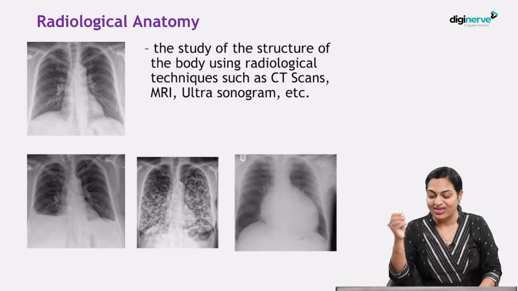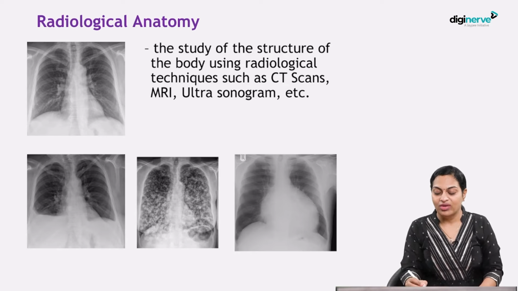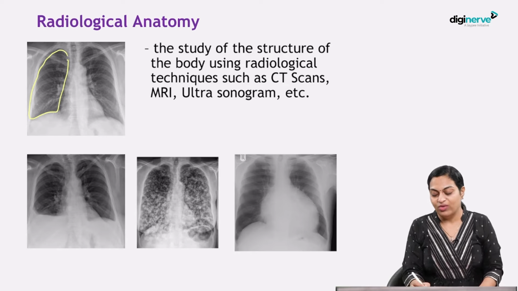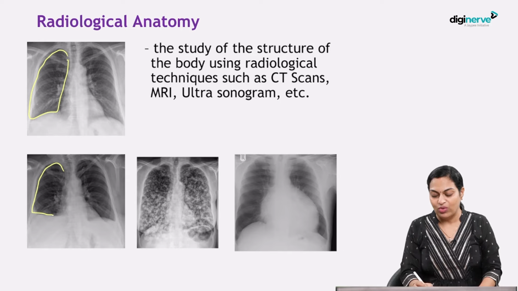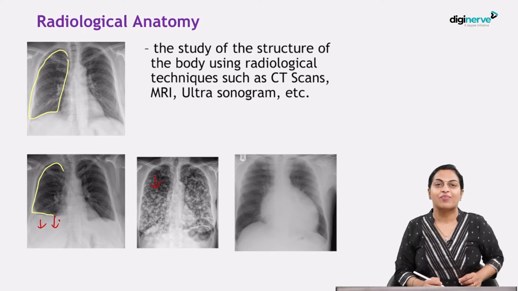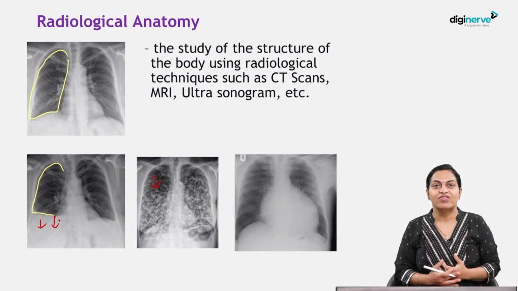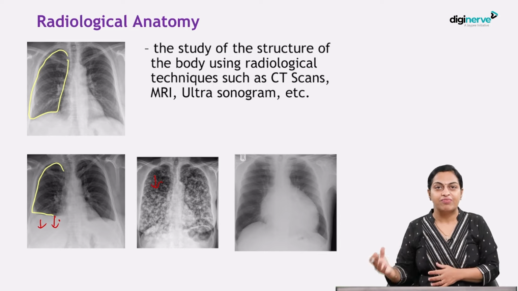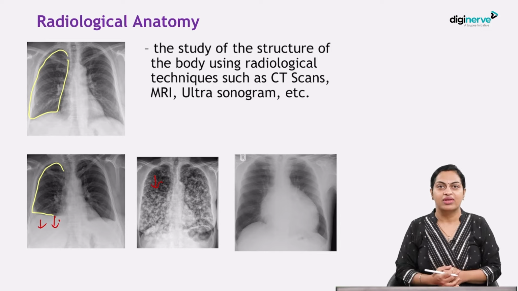Radiological anatomy again. Just now we saw the normal lung and the one with pleural effusion, with the lower part filled with fluid. Here again, what is the abnormality? Definitely there's something abnormal. So this is metastasis in a malignancy. It can be a breast malignancy with deposits over the lung.